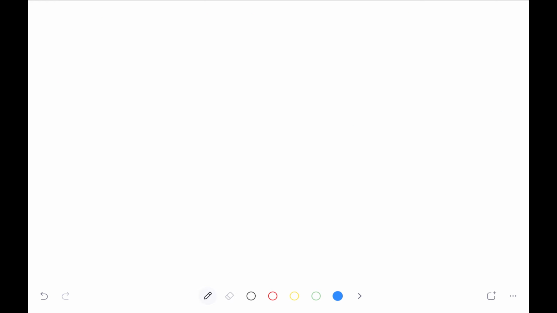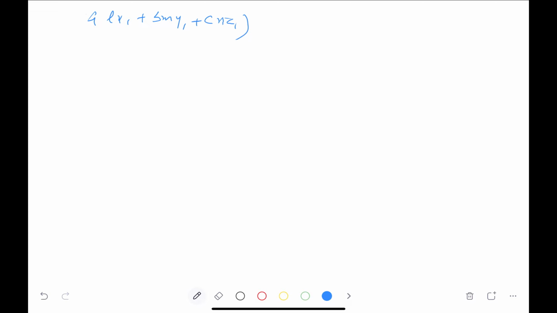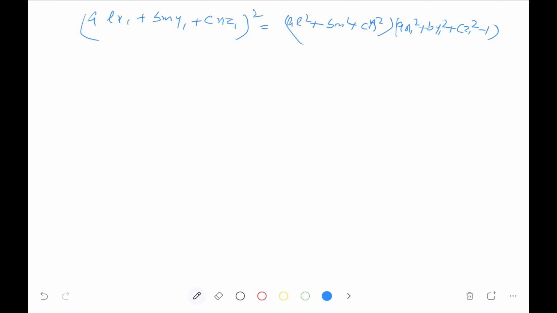So what we will have is (ALX1 plus BMY1 plus CNZ1) whole square is equal to (AL square plus BM square plus Cn square) into (AX1 square plus BY1 square plus CZ1 square minus 1). So this is the required condition.